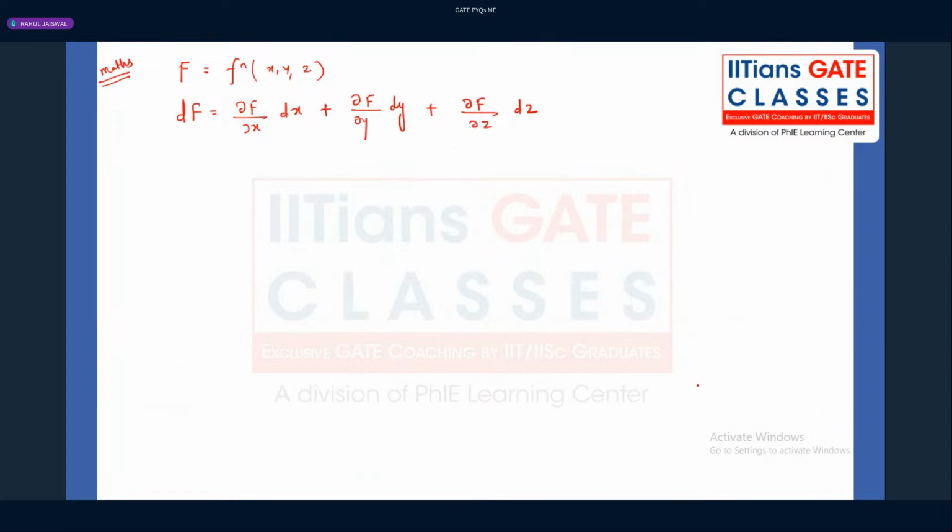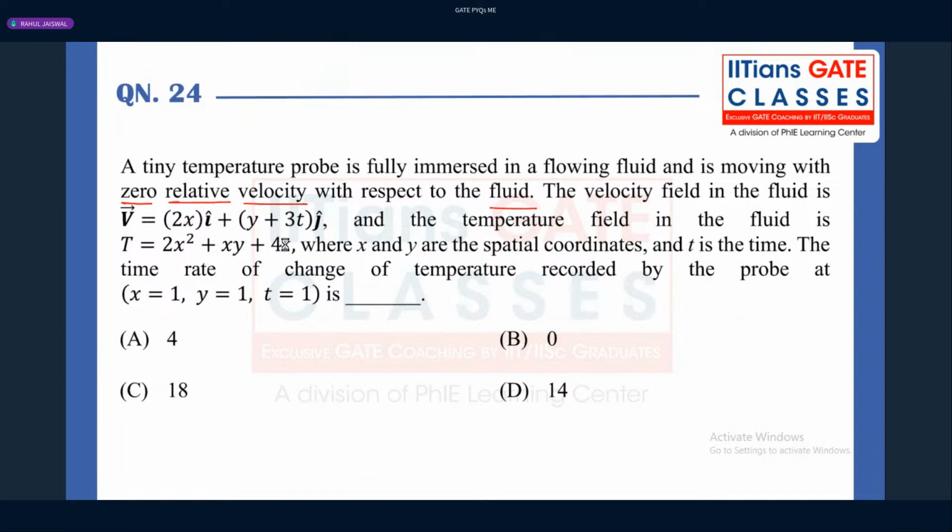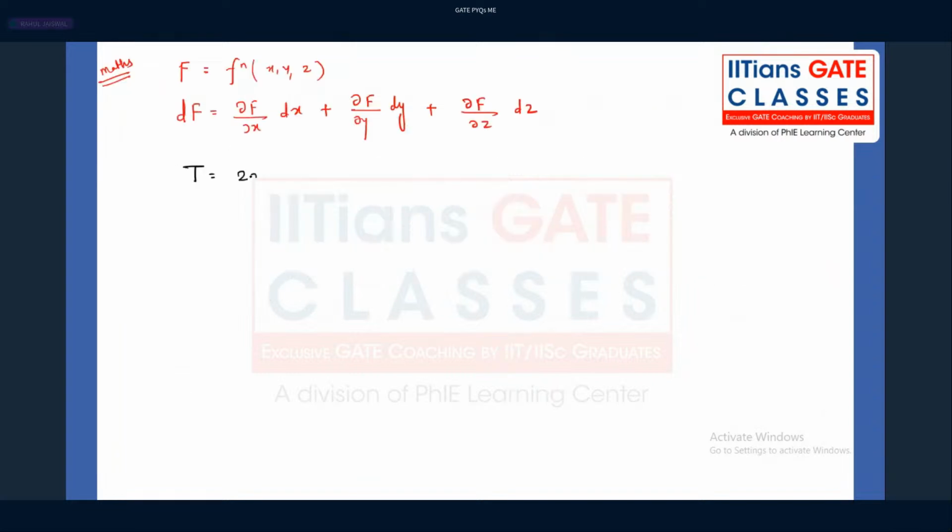Similarly, here, what is the temperature? If you read here the temperature is being given as, I'm writing here temperature for you, 2x square plus xy plus 4t. So from here we can say confidently that it is a function of x, y, t, right?